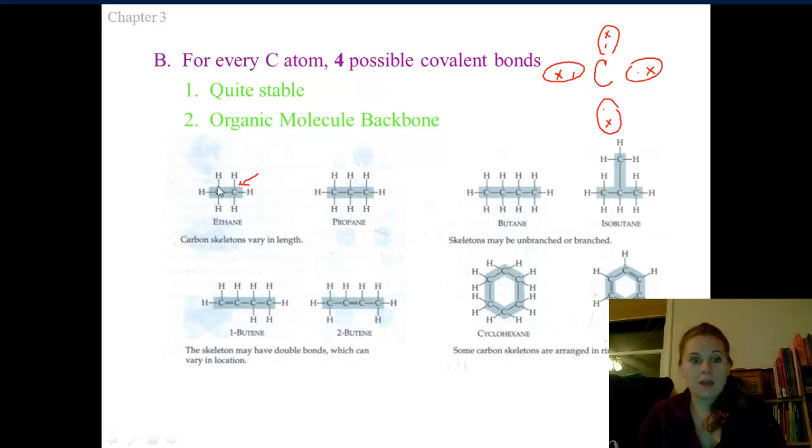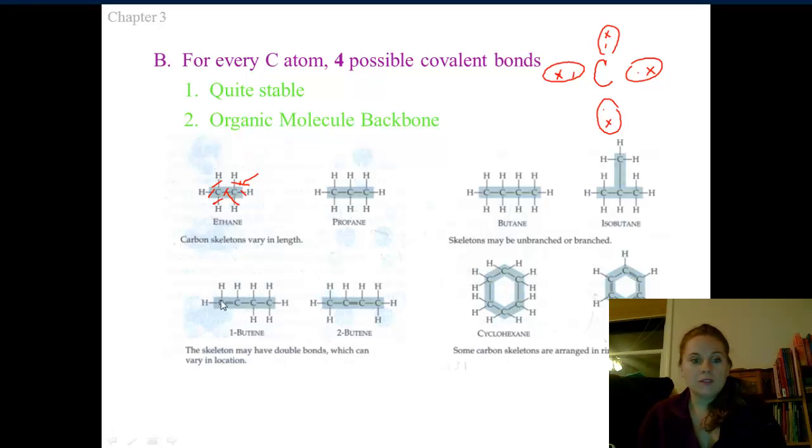So here's the backbone. If you notice, here's one carbon atom. You can see up to, and I'm just going to point it out by slashing through it, 1, 2, 3, 4 bonds that one can make. Here's the other carbon. There's 1, 2, 3, 4 bonds that it can make, and now it's stable because it's made those 4.